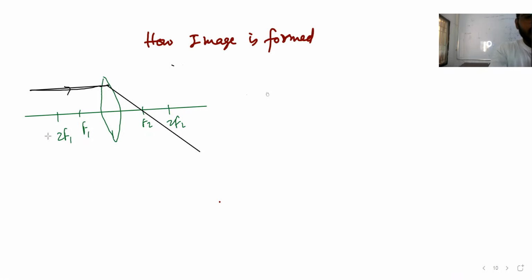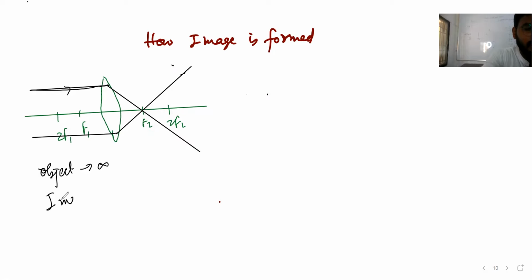Then again, a ray of light parallel to the principal axis will pass through focus. Easy, right? So we can see that the rays of light are actually meeting. So the object is at infinity.